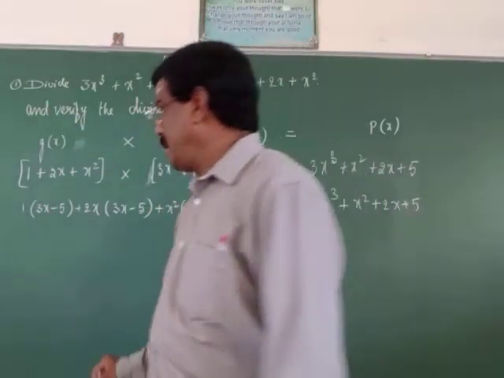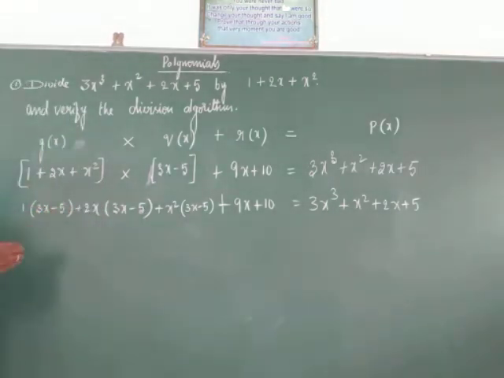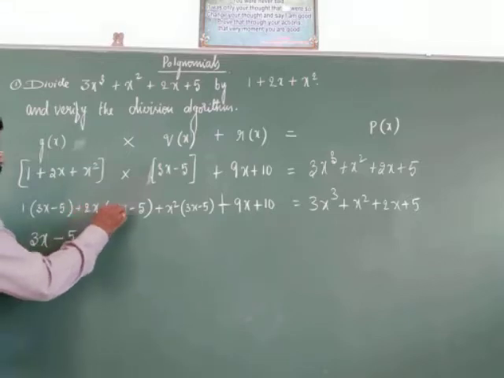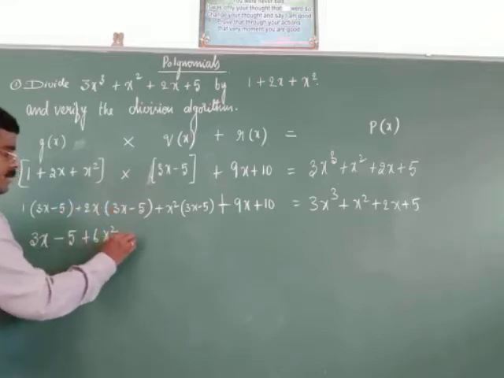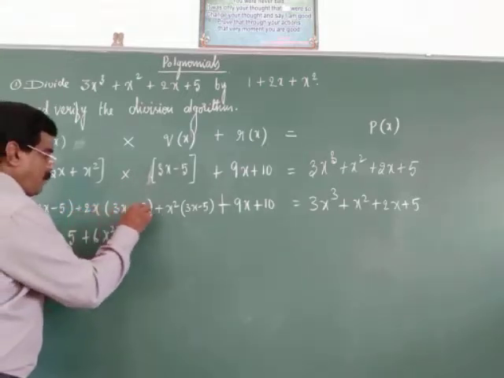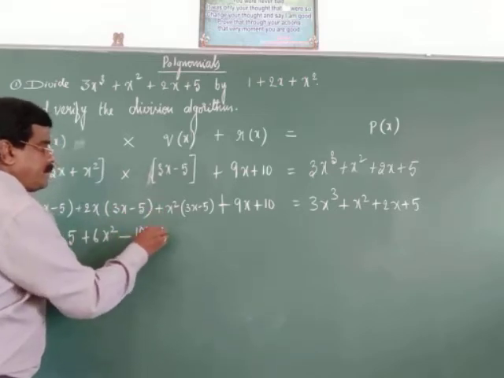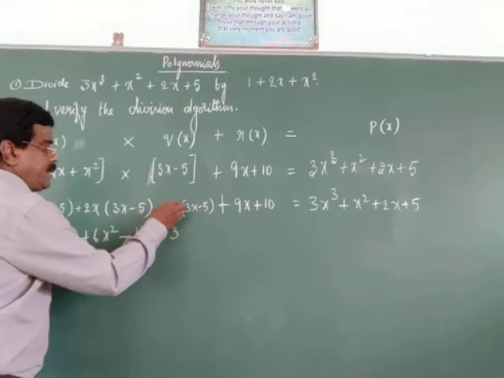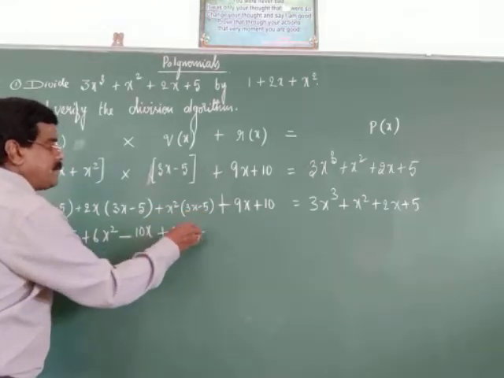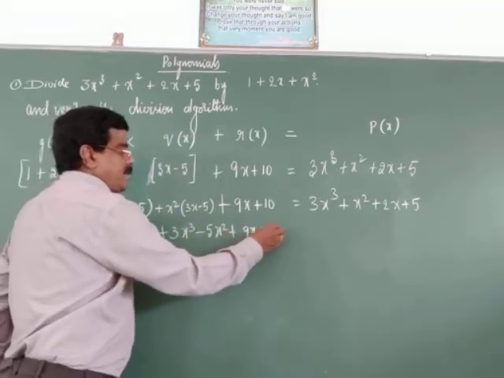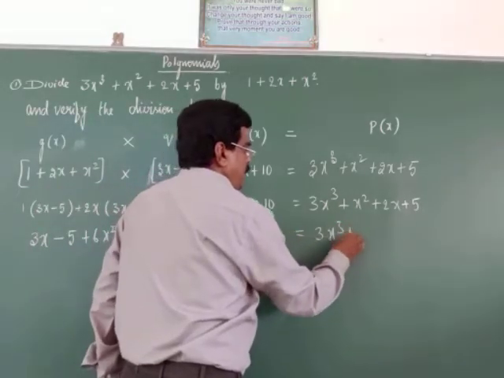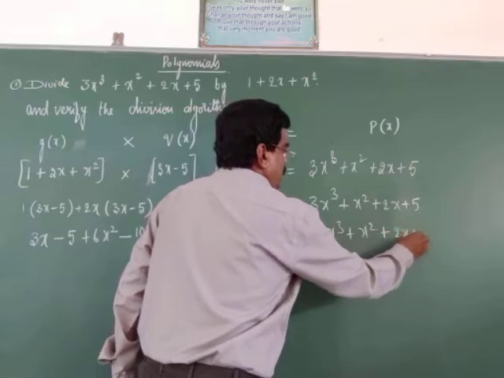Then after getting this, see 1 into 3x minus 5 is 1 into 3x is 3x only, minus 1 into 5, plus 2x into 3x is 6x square, be careful about signs and terms. 2x into minus 5 is minus 10x, plus x square into 3x is 3x cube, and minus x square into 5 is minus 5x square, plus 9x plus 10 should be equal to 3x cube plus x square plus 2x plus 5.